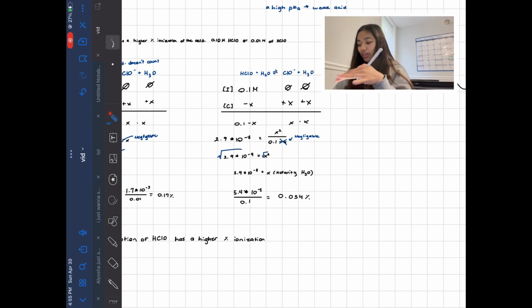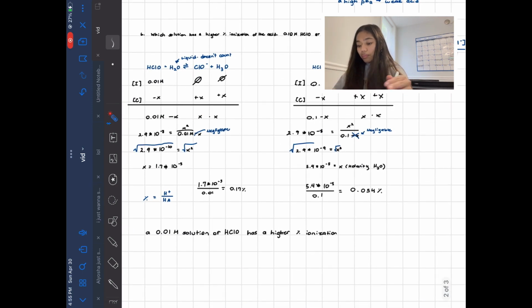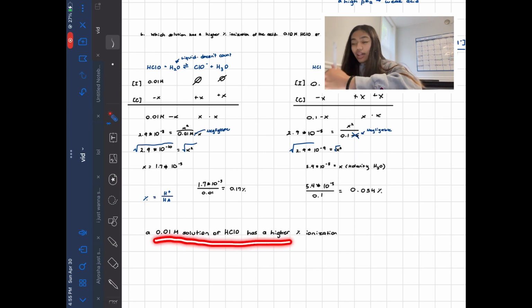Alright, so now we can deduce that the 0.01 molar solution of HClO has a higher percent ionization.